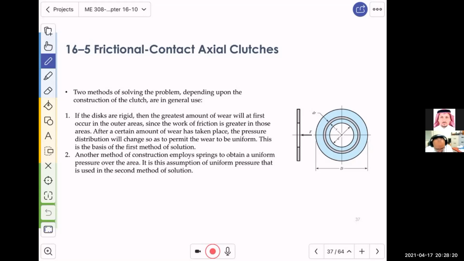These are the two problems. Now, this is not the end. Probably you understood that there is a uniform pressure problem and a uniform wear problem. There is one little bit here that you need to understand. If you understand it well, things will become very easy.